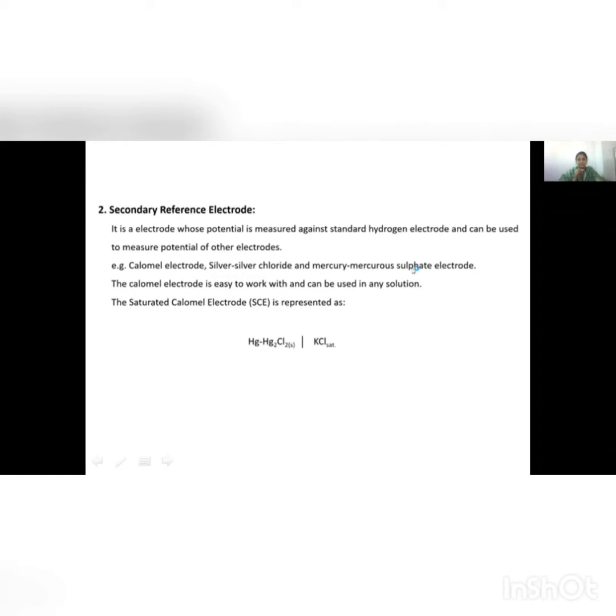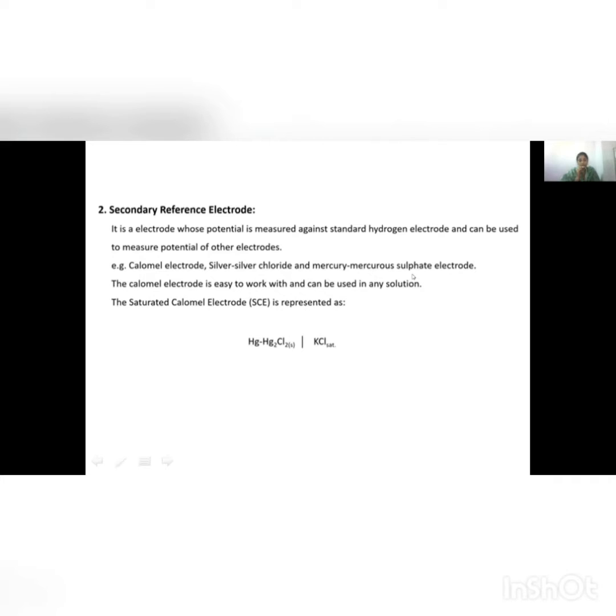That is called a metal insoluble salt electrode. So this type of electrode construction is nothing but a metal insoluble salt electrode. An example under this category of secondary reference electrode is the calomel electrode.